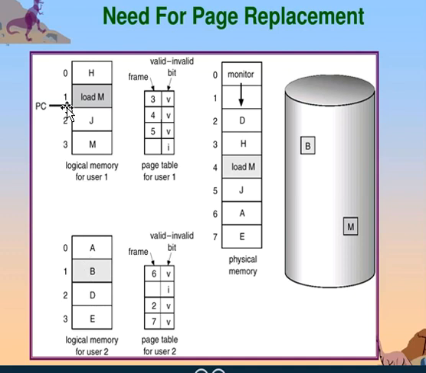Now the PC is going to be loaded with the page. Load M is there. Now based on this logical memory, we are getting separate page tables for user 1 and user 2. Here in the diagram you don't have the page numbers 0, 1, 2, 3 beside this page table. So now the pages are valid inside their particular frames or not.